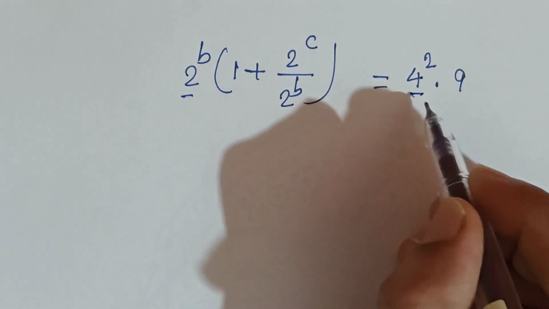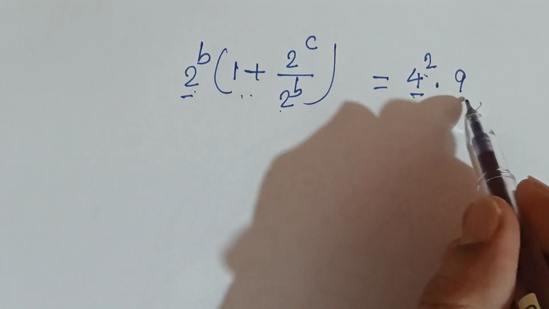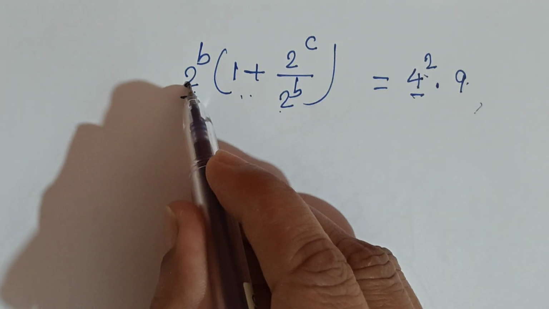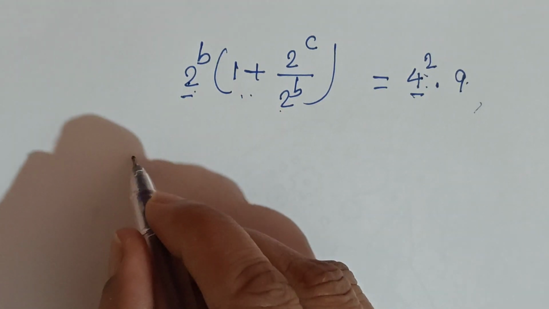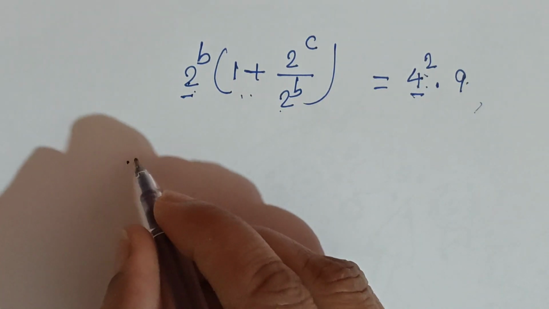This one and this one are the even number, and this factor and this one are the odd number. So even factor and even number will be same.